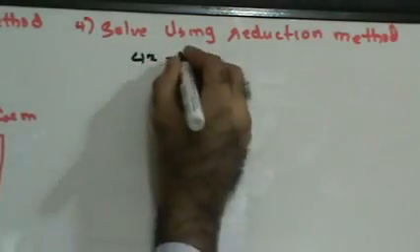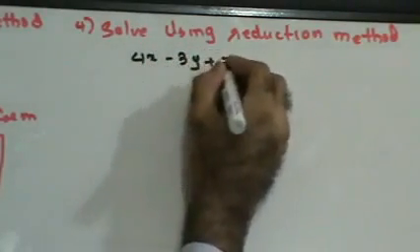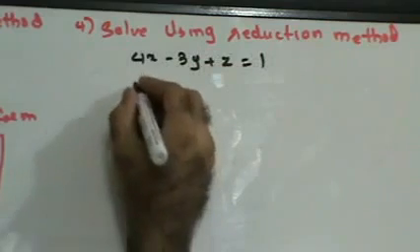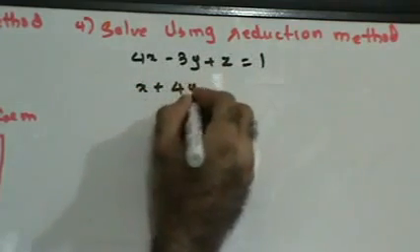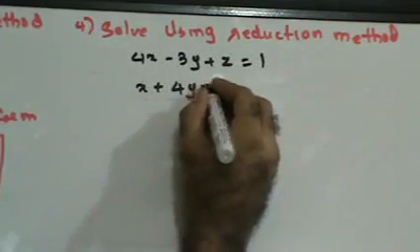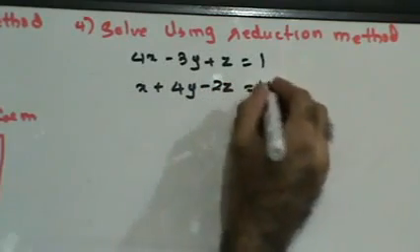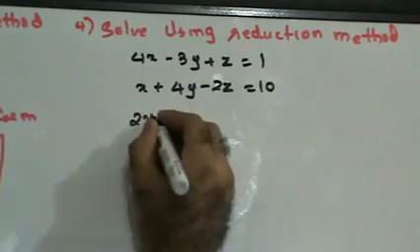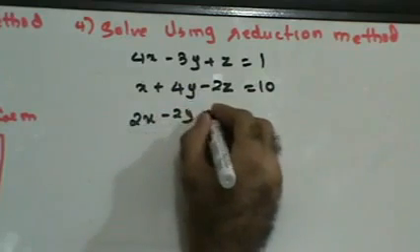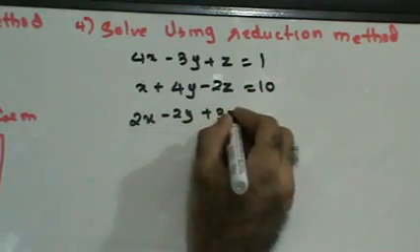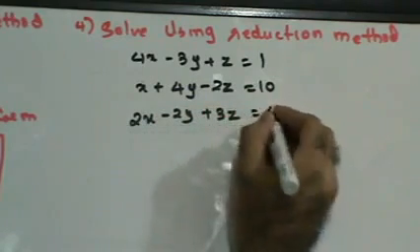4x minus 3y plus z is 1, x plus 4y minus 2z is 10, 2x minus 2y plus 3z is 4.